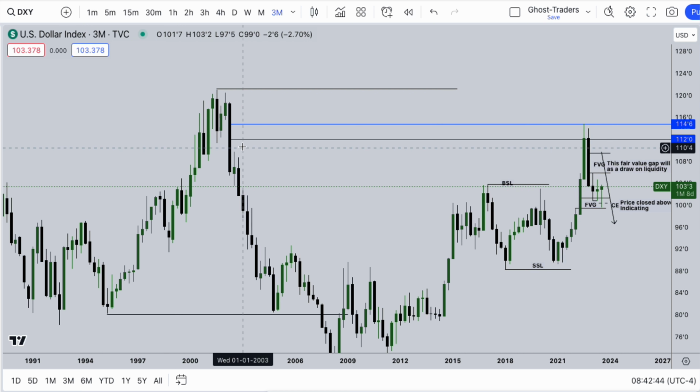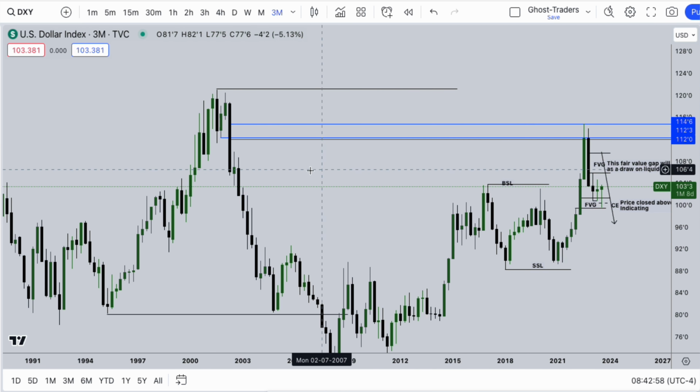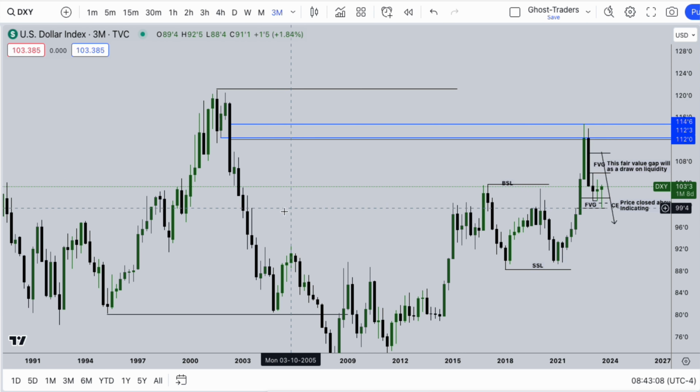This is the fair value gap, and then if you look here, we have an order block here. Price got to this level of the order block, and then it got to this level here. It beautifully respected the order block, and then it pushed down. Okay, and I hope this is clear.